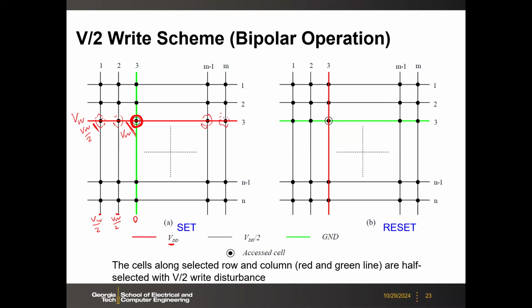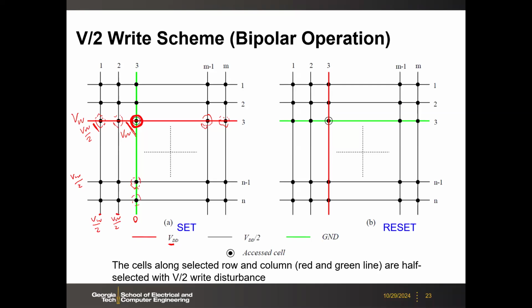Then here you will also do something for the cells along the same column, right? Because here, then you will also apply half-way write here. Okay. So then for the unselected cell along the same column, you will also have half V across those cells.